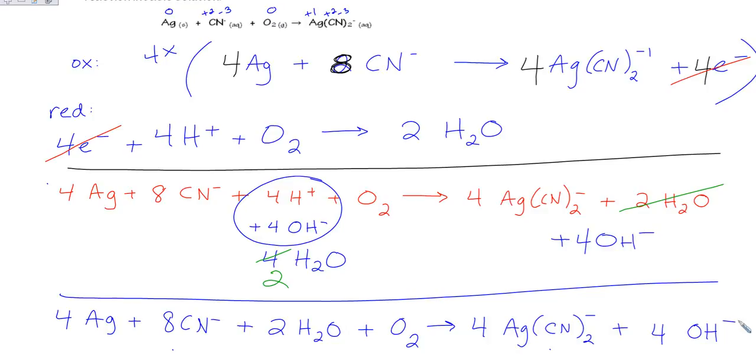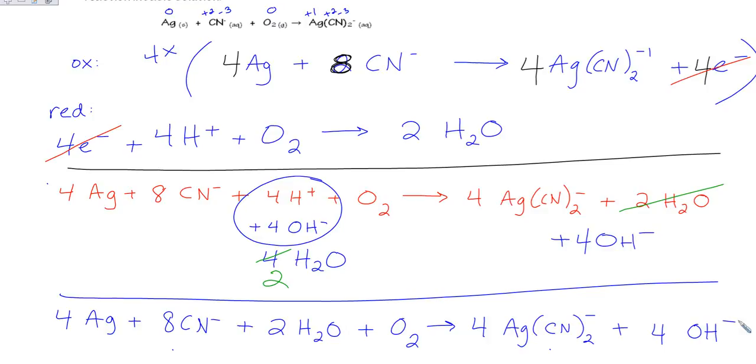I should have the same number of atoms on both sides as well as the same charge on both sides. So let's see what we got. 4 silver, 4 silver, 8 cyanide, 4 times 2 is 8. I have 4 hydrogen ions, 4 hydrogen in the hydroxide. I've got 1, 2, 3, 4 atoms of oxygen on the reactant side.